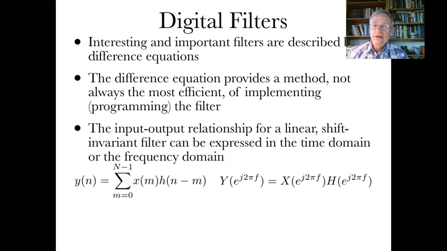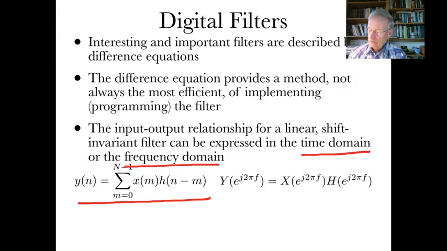So again, the input-output relationship for a general linear filter can be expressed in either the time domain or in the frequency domain. Time domain is this. Frequency domain is given by our old friend, the transfer function kind of relationship. And we can do either, specify what the filter does.